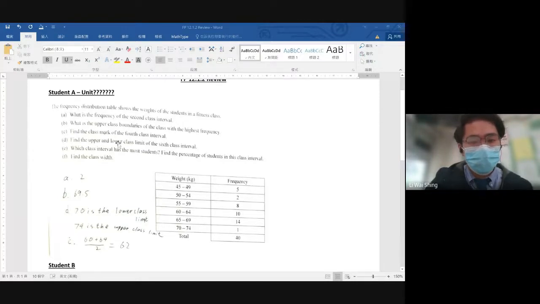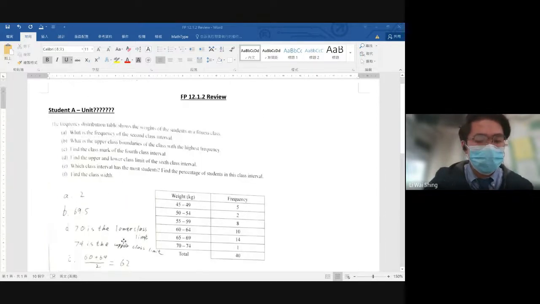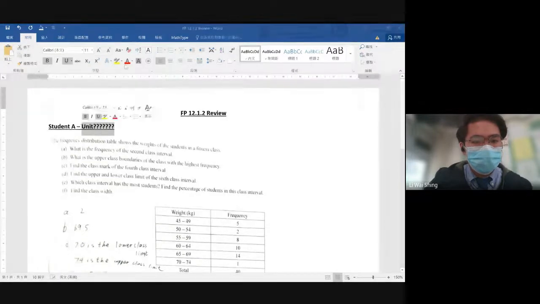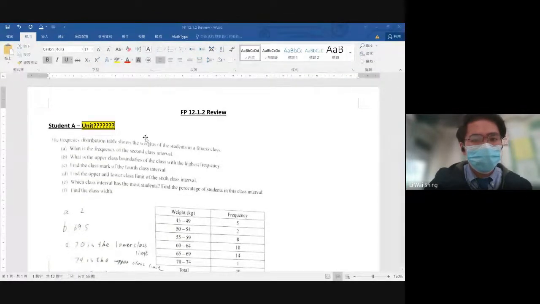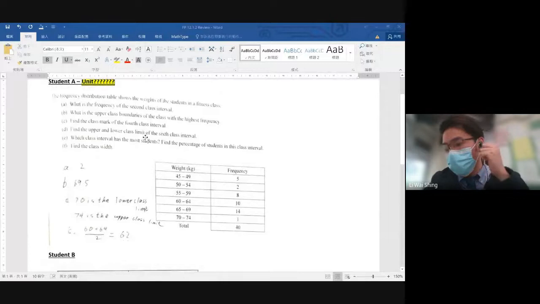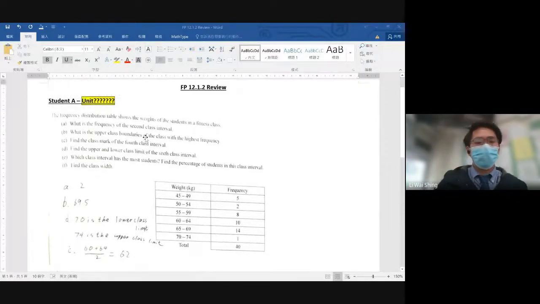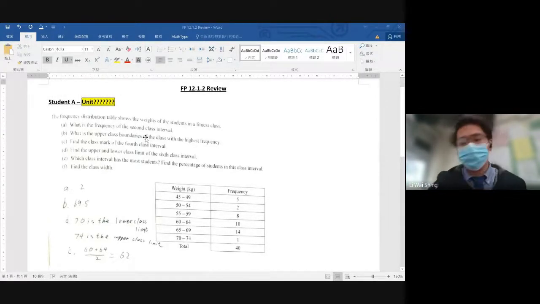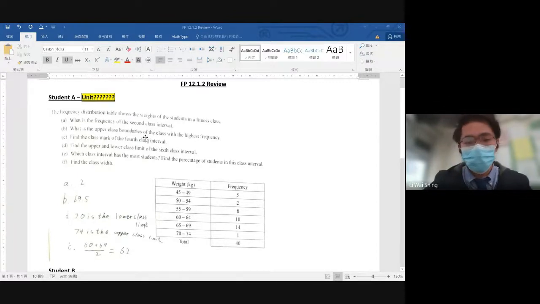And plus mark the middle point of the class, that still contains the unit there. So when you are doing questions in this chapter, don't forget your unit. Check your answers now. I found that almost more than 60% of you forget the units in your answer. Only a few of you write down the units. Be careful. But in part A, you don't need it, because I'm asking you about the frequency.